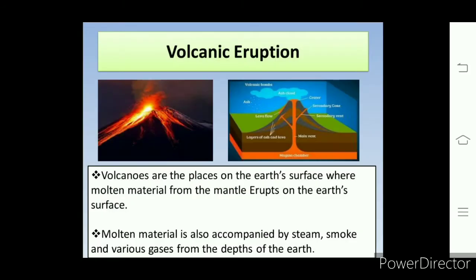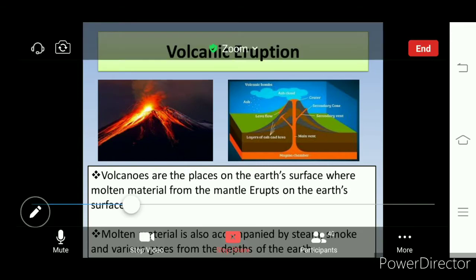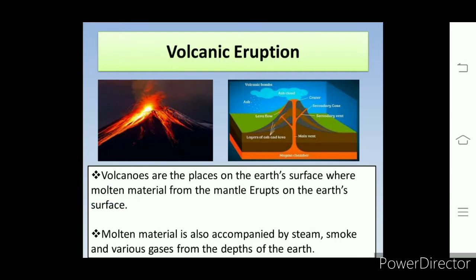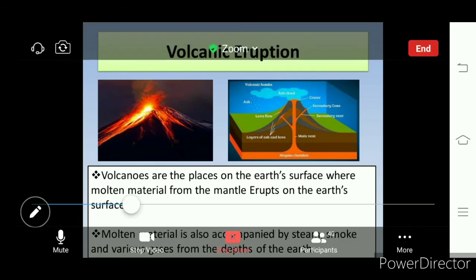So here we find two kinds of changes in the lithosphere. The first one is very slow movement, the slow movement of the earth crust leading to the formation of new crust, and movement of the continental plates and their eventual return into the mantle.